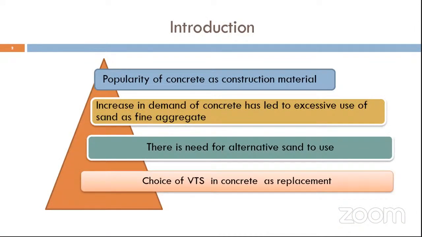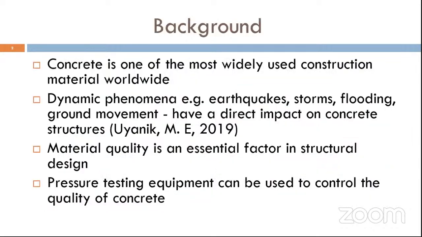Our introduction: the popularity of concrete as a construction material has led to demand for concrete and excessive use of sand as fine aggregate, thus needing an alternative sand, which has led to the choice of volcanic tuff sand as a replacement for river sand.